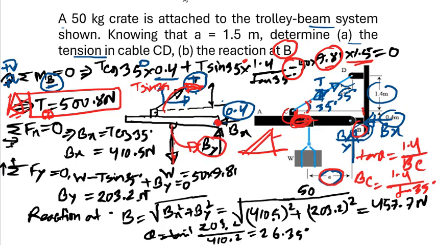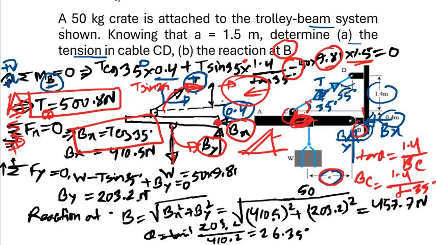We have two unknown values, Bx and By. So we consider the right-hand direction as positive and Fx equal to 0. Then Bx, this direction equals that direction. After simplifying we get this.